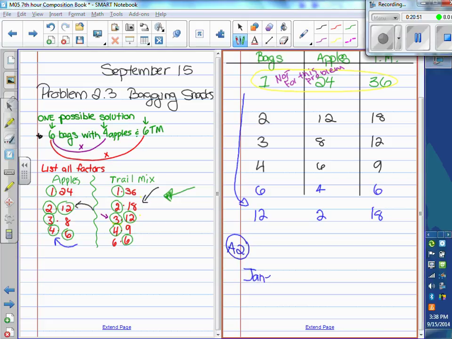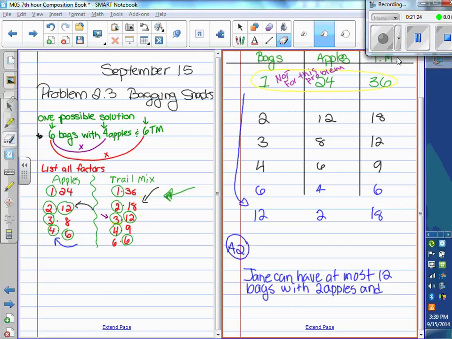So Jane can have at most 12 bags with 2 apples and, oops, look at my mistake here.